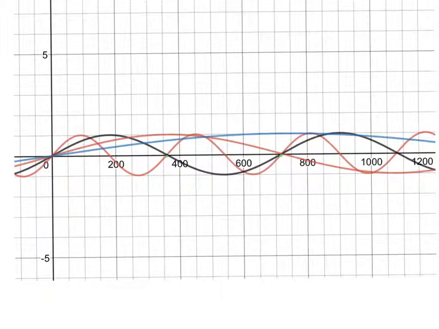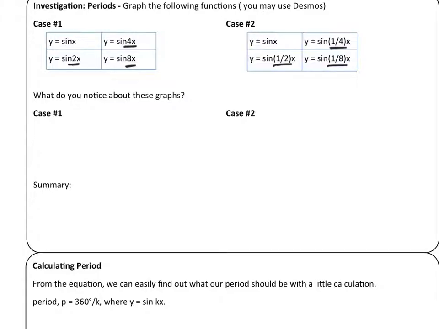Let's go back to the investigation. I'll show you what happens with it and how we can calculate that. So in this case, you should have seen that in case 1, it compressed horizontally. So it actually put more periods or cycles in the 360.